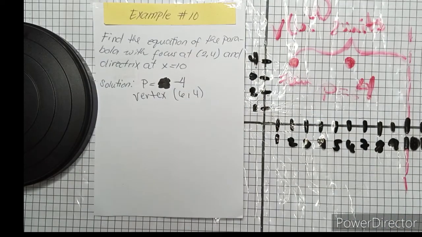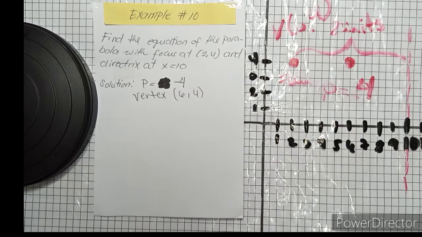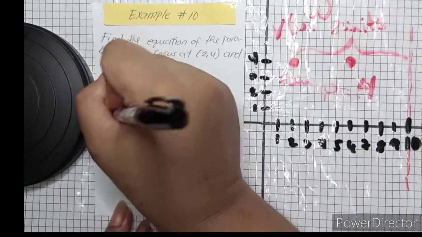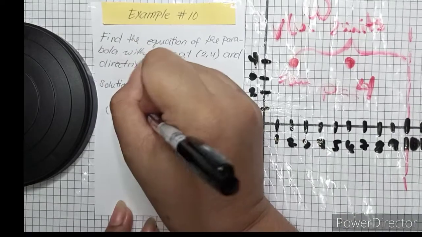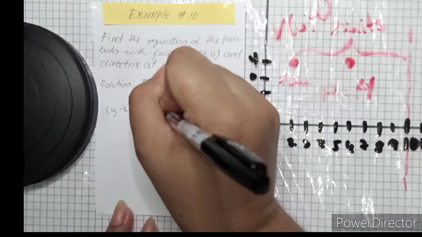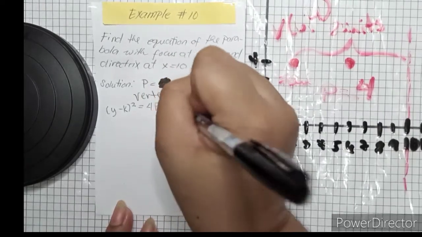Okay, since kompleto na tayo ng points or ng coordinates or ng values, pwede na nating makuha ngayon yung ating equation. Since it's pa left side, ang gagamitin nating formula ay y minus k squared is equal to 4p times x minus h.